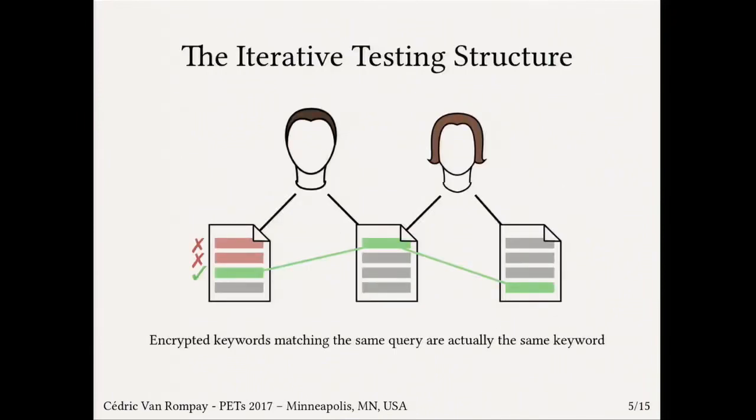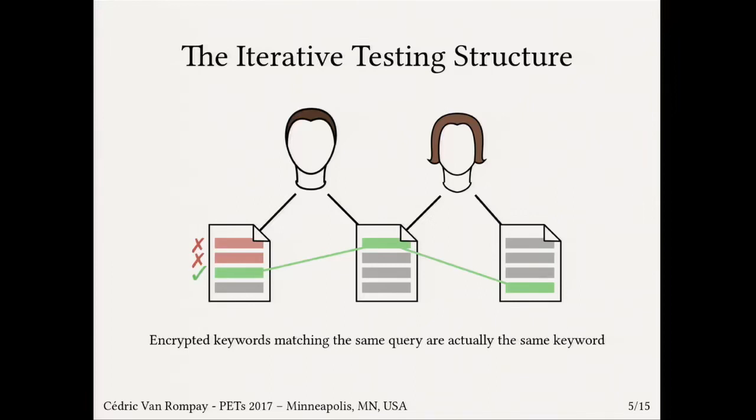So where does the vulnerability come from? Almost all MUSE schemes, even if they are very different from one another, are all based on a common structure that we call the iterative testing structure, illustrated here. In this structure, what the server hosts are encrypted indexes.